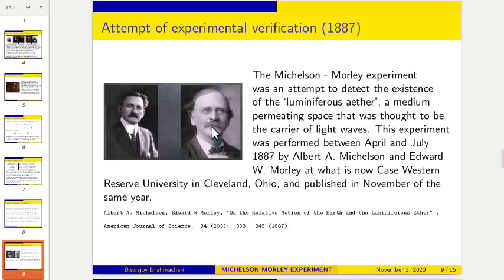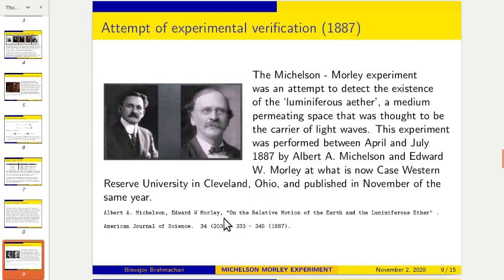They were both very good experimental physicists, and they challenged a theory which had existed for 2200, 2300 years. A very courageous effort to challenge a theory which existed for so many years. This experiment was done at Case Western Reserve University in Cleveland, Ohio, and published in the same year, 1887.